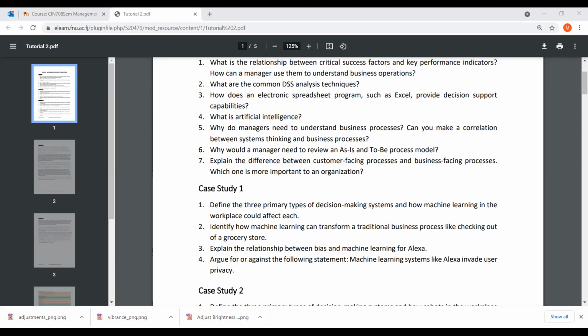Structured decisions are made frequently and are almost repetitive in nature, semicolon.